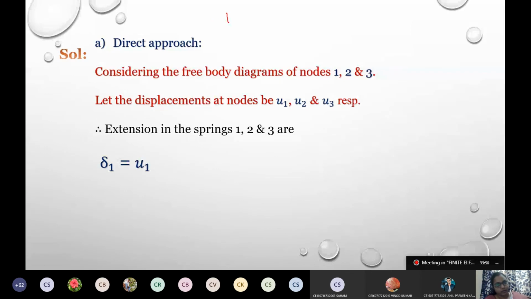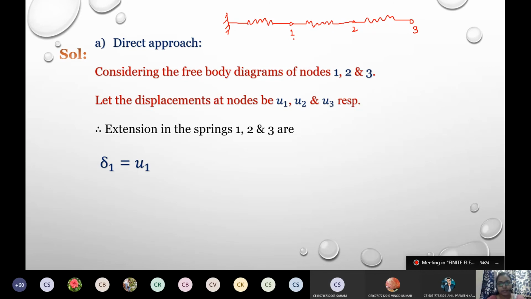Right here, we have a spring, and then we have node 1, and then we have another spring, and then node 2, and then we have another spring where we have node 3.